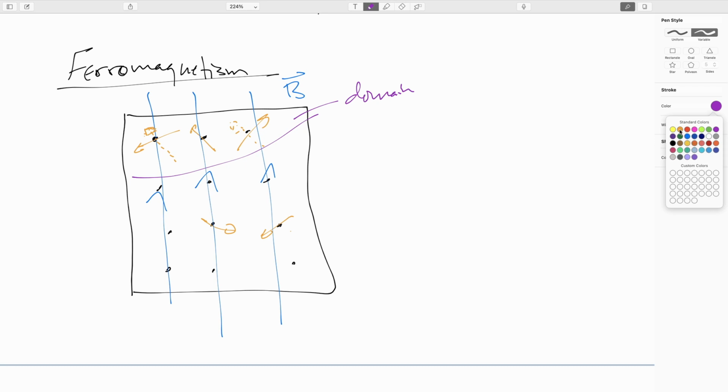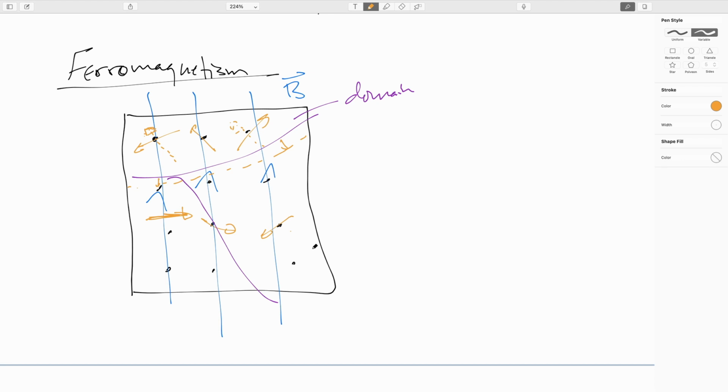Now let's say in some other area, you might have a domain where all the magnetic moments ended up doing something like this. It was just horribly aligned in this area. Again, at the boundary, this domain will grow because it's better aligned than its adjacent domains, and the less well-aligned domains will shrink.